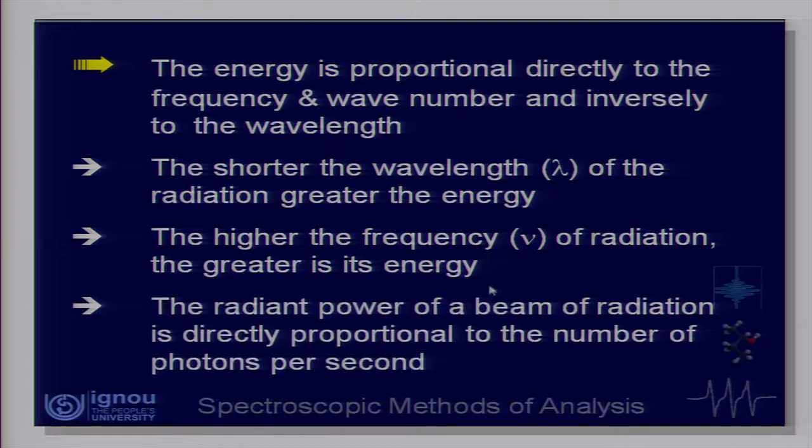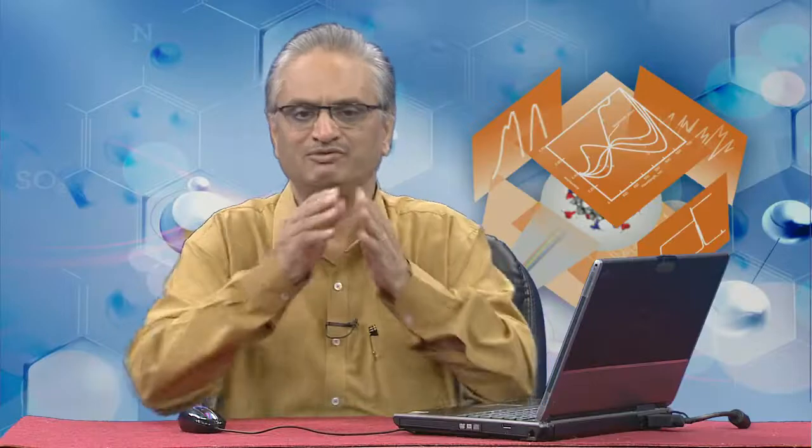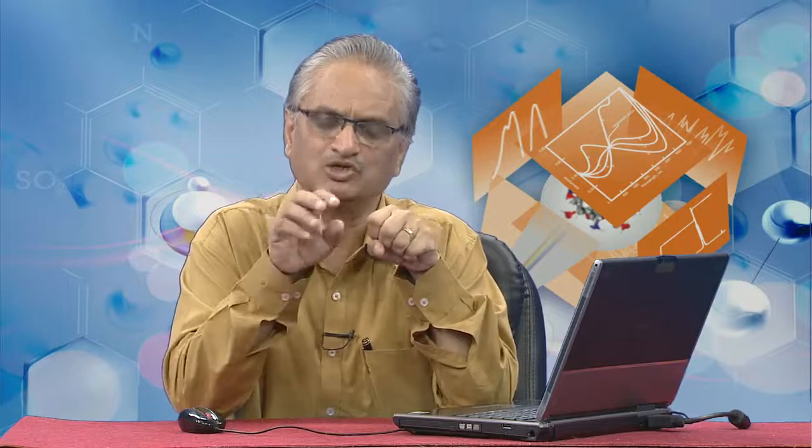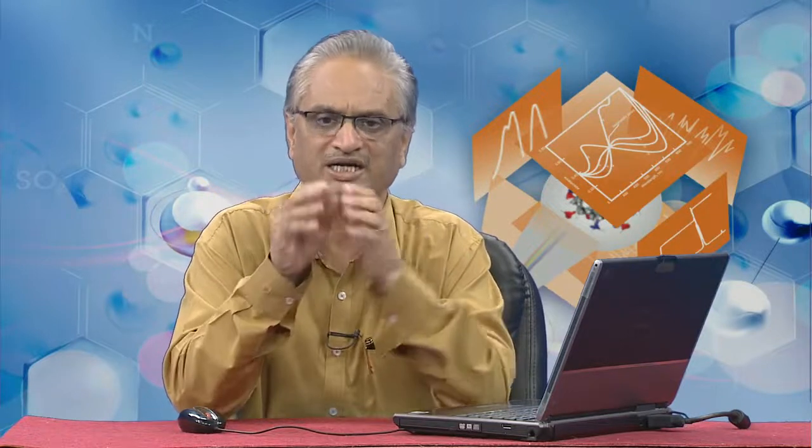Now, this is crucial: the radiant power of a beam of radiation is directly proportional to the number of photons emitted per second. That is very important, because we now visualize radiation in terms of packets of energy. So, how many packets of energy are getting to a given target?